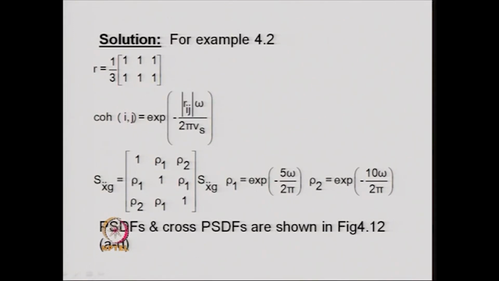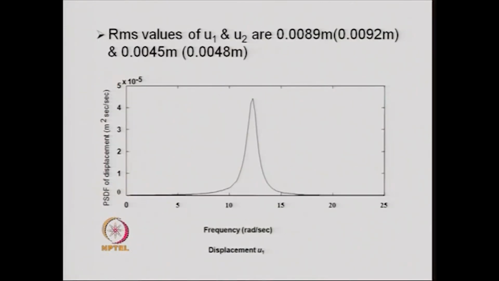So, therefore, with the help of these and the H matrix, one can obtain the power spectral density function matrix of U1 and U2, these two displacements, and the diagonal terms of that matrix give you the PSDFs of U1 and U2.